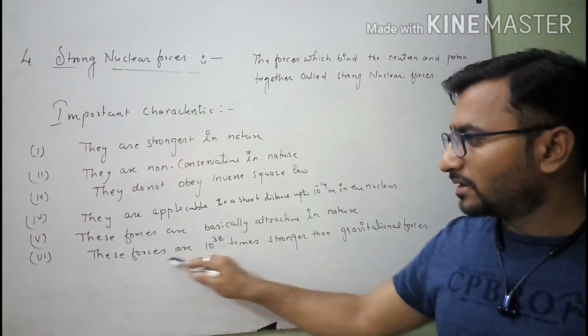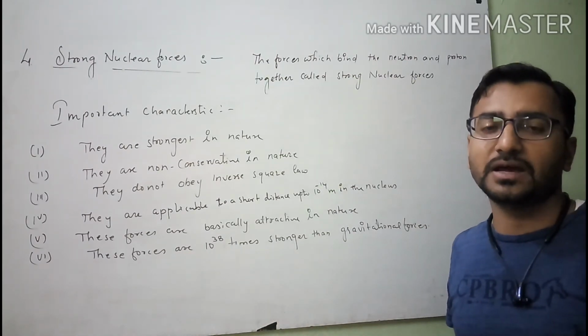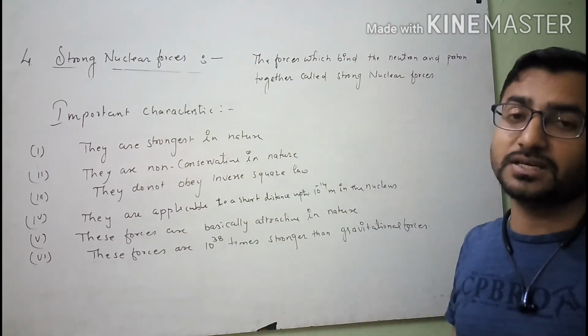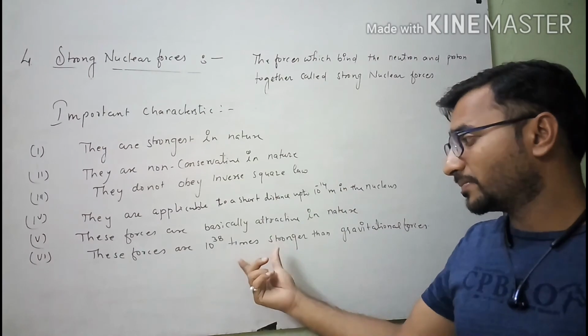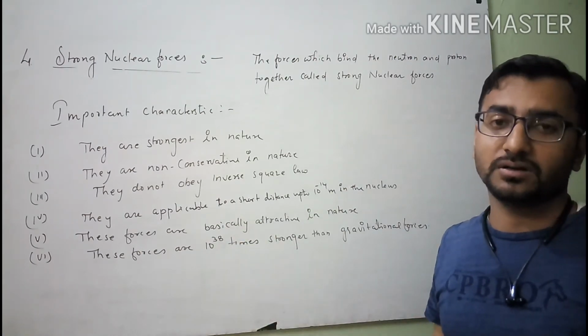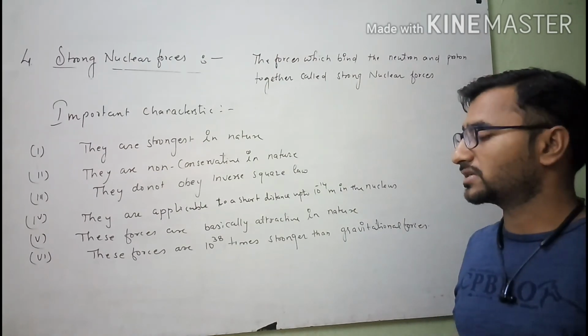So these forces are 10 raised to the power 38 times stronger than the gravitational force. As I discussed, these are the strongest in nature. So these are the forces which are much stronger, or you can say the strongest force in nature.